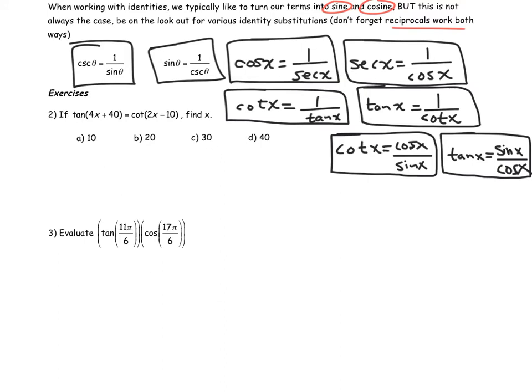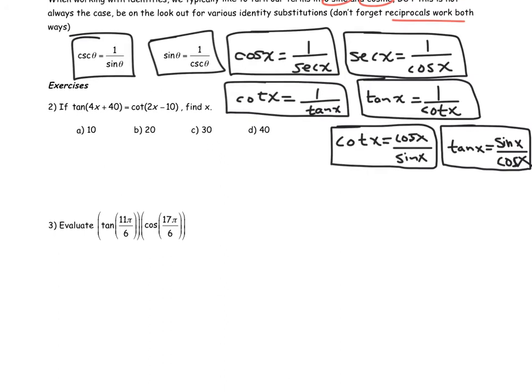Let's take a look at exercise 2. If tangent of 4x plus 40 is equal to cotangent of 2x minus 10, find x. Again, you have to recognize that tangent and cotangent are cofunctions, so what's inside their parentheses is going to sum to 90 degrees, as we said earlier.